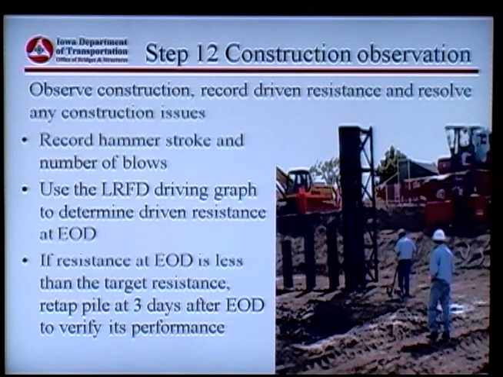Right? And then you do a retap at 3 days. Again, you have the hammer stroke. Again, you have the blow count during the retap at 3 days, read off from the bearing graph, and then compare with that target driving resistance of 89 tons at 3 days.